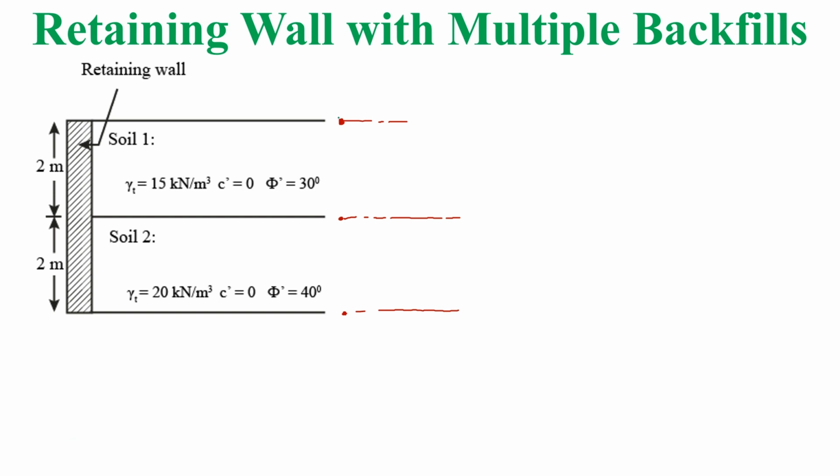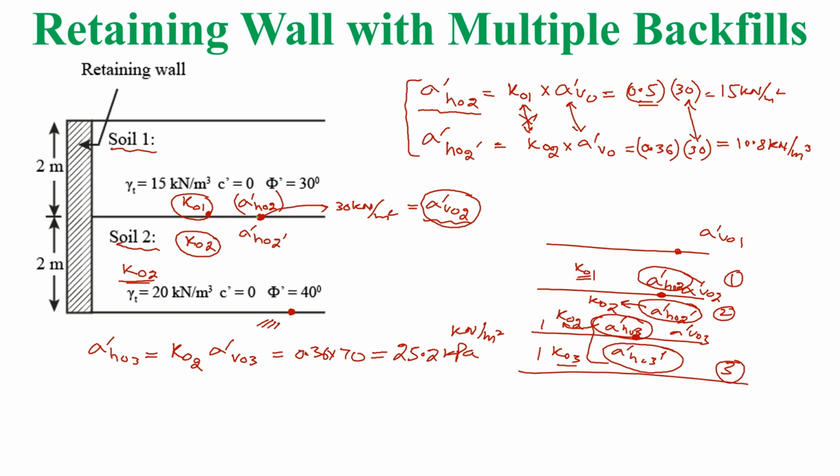Remember that on this diagram we will draw sigma dash H naught values, not vertical stresses. At this point, sigma dash H naught is 0, and just below it, it was sigma dash H naught 2. This is 15 kilonewtons per meter square.